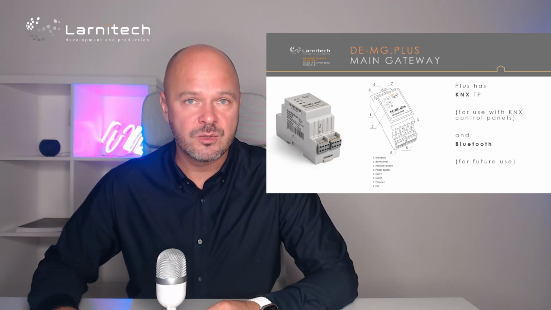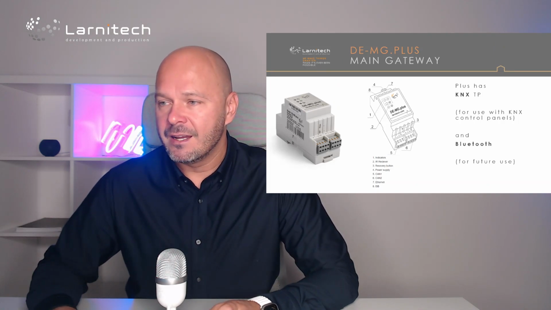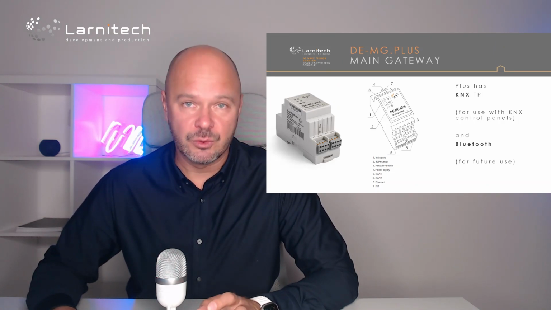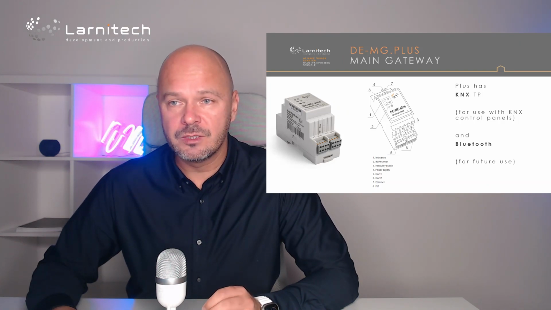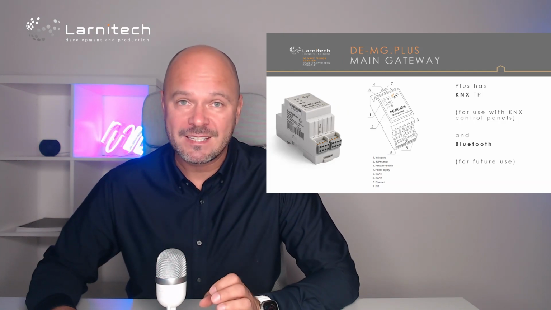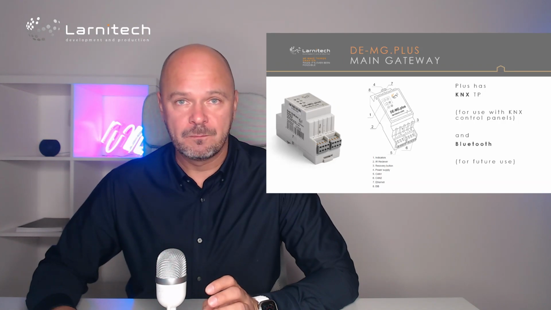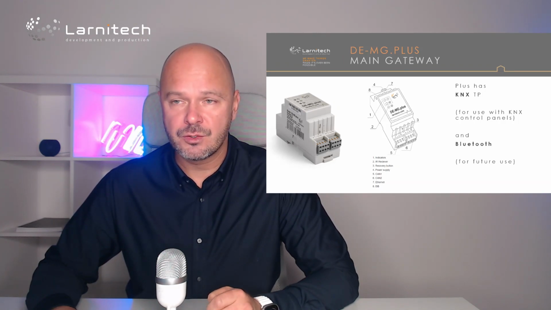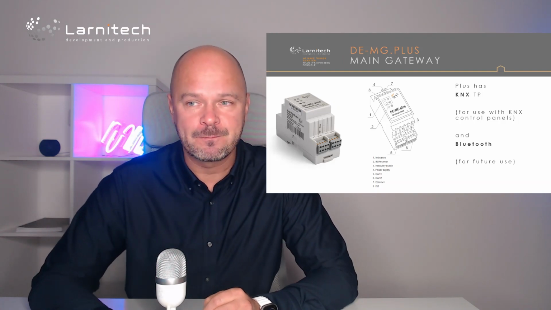So you can use them in Larnitech installations. It also has Bluetooth inside for future use. At the moment you will not be able to use the wireless part of this device. But in the future, when wireless devices are out, you will be able to use it to connect to the wireless part of our system.